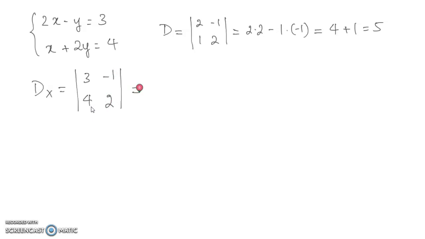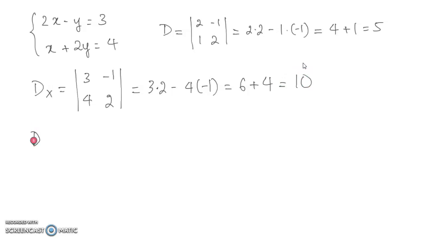So we would have 3 times 2 minus 4 times minus 1. Just write out everything simply. Don't try to do a shortcut. So this would be 6. Minus times minus is plus, so that would be plus 4, so that would be 10.